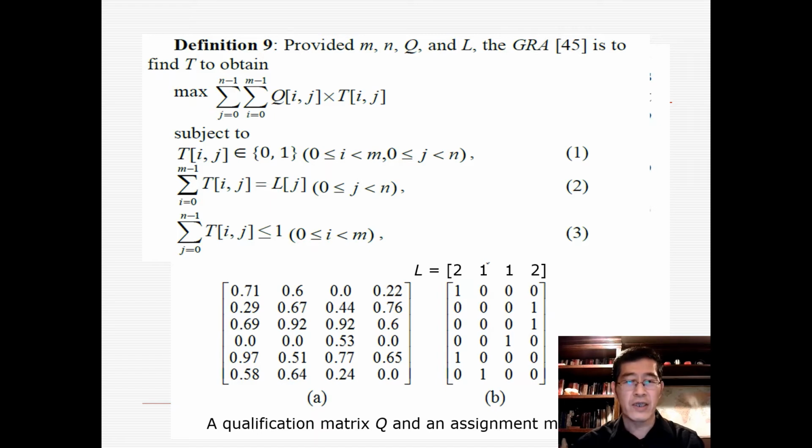So you will get 0.71 and 0.97 and 0.64 and 0.53 and 0.76 and 0.6, because here we need 2. Here we need 2, right? Here 1 and here 1. So this one is 0.